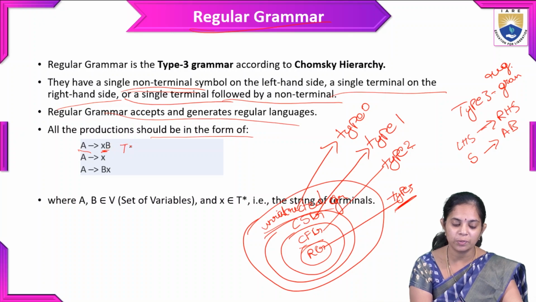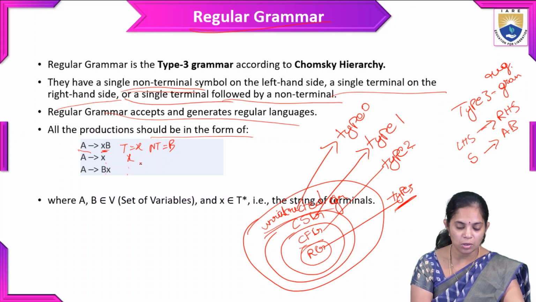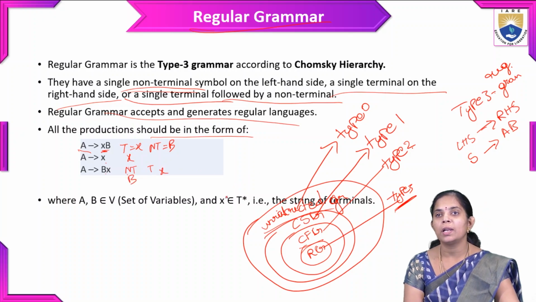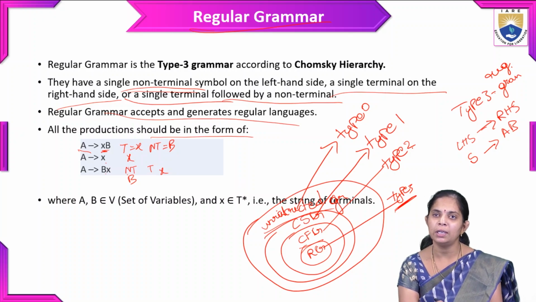Here X is a terminal and capital B is a non-terminal. In the second rule it is only a terminal, and in the third production rule it is a combination of non-terminal and terminal, where the non-terminal is capital B and the terminal is X. Like this we can form the productions for the regular grammar.